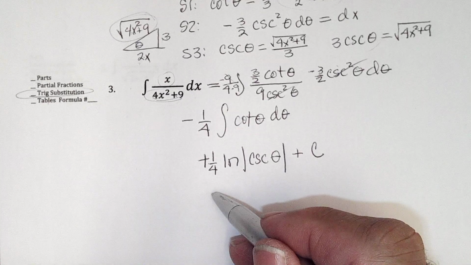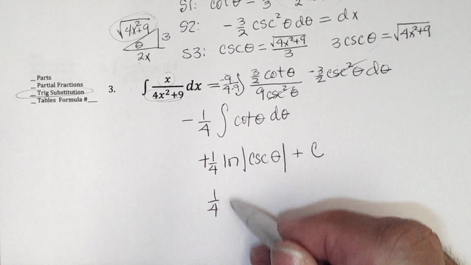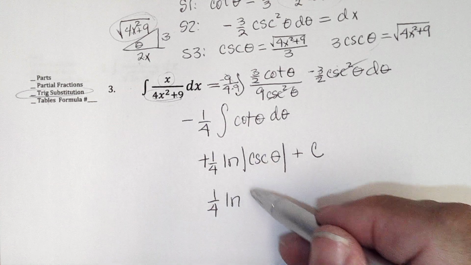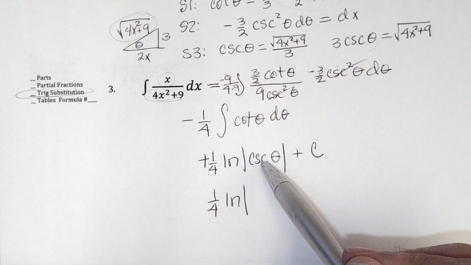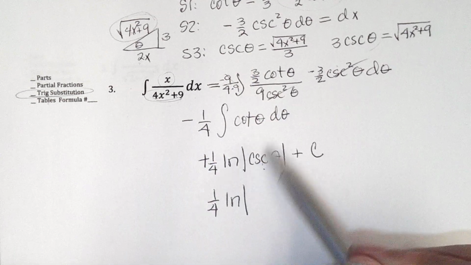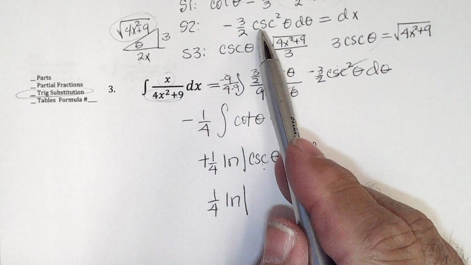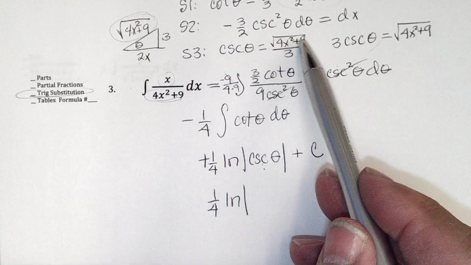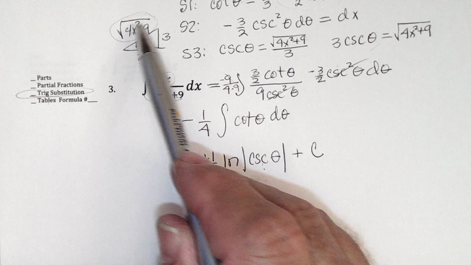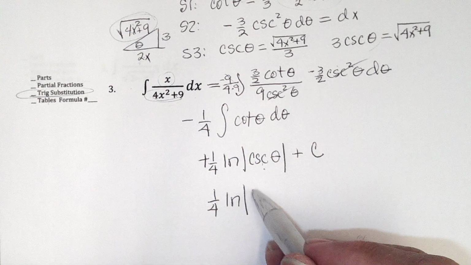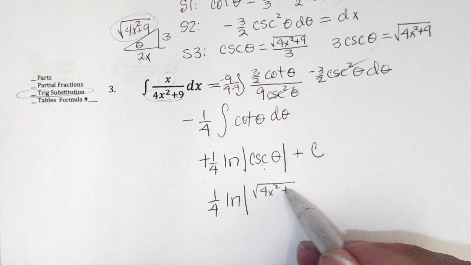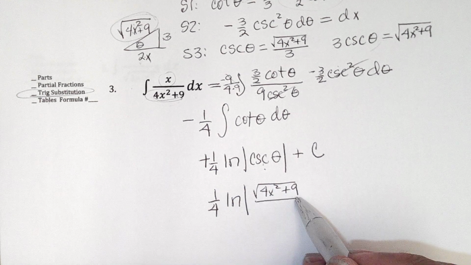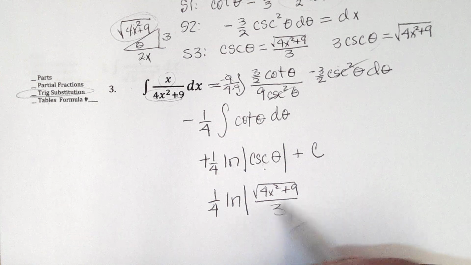So to finish this, it's 1/4 ln and cosecant from the triangle. Cosecant's the reciprocal of the sine. Cosecant is this over that, so it's square root of 4x squared plus 9 over 3.